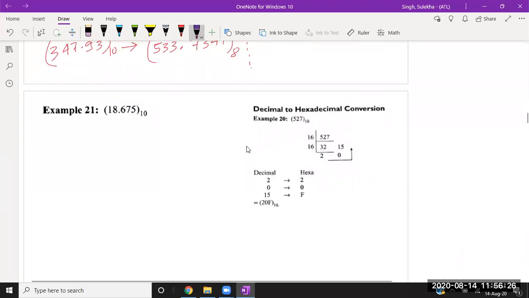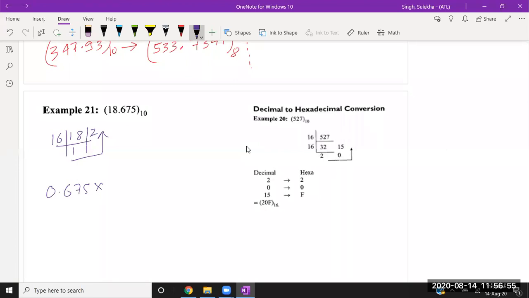Okay, so the integer part is very simple. Most of you have done the integer part correctly. Whenever you divide by 16, you will get 2 as a remainder, and you need to write it in this way. So the thing is dealing with 0.675. Where you are doing wrong, who is that? Hari Om Yadav, that is not correct.